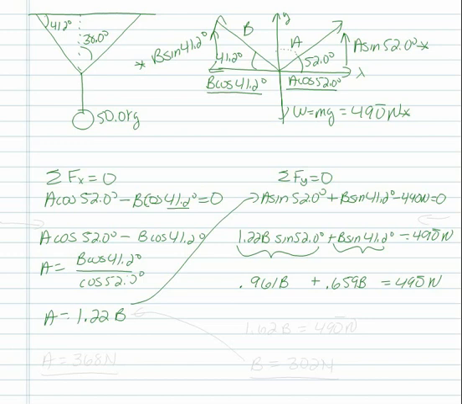So when we add them, 1.62B equals 490 newtons. And now we can get B, when we divide, as 302 newtons. To get A, back substitute. A is 368 newtons. And again, our brief check, they're both positive.